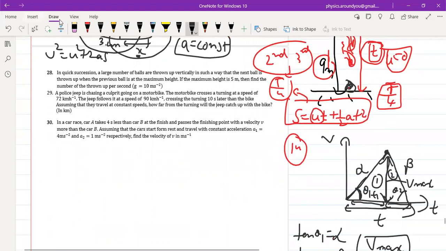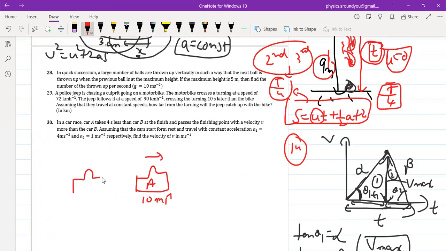The situation is there is a car A traveling with 36 into 5 by 18, which is 10 meters per second towards the right. Then there is car B behind, at a distance of 1,000 meters. 54 kilometers per hour is 15 meters per second. It's approaching A.